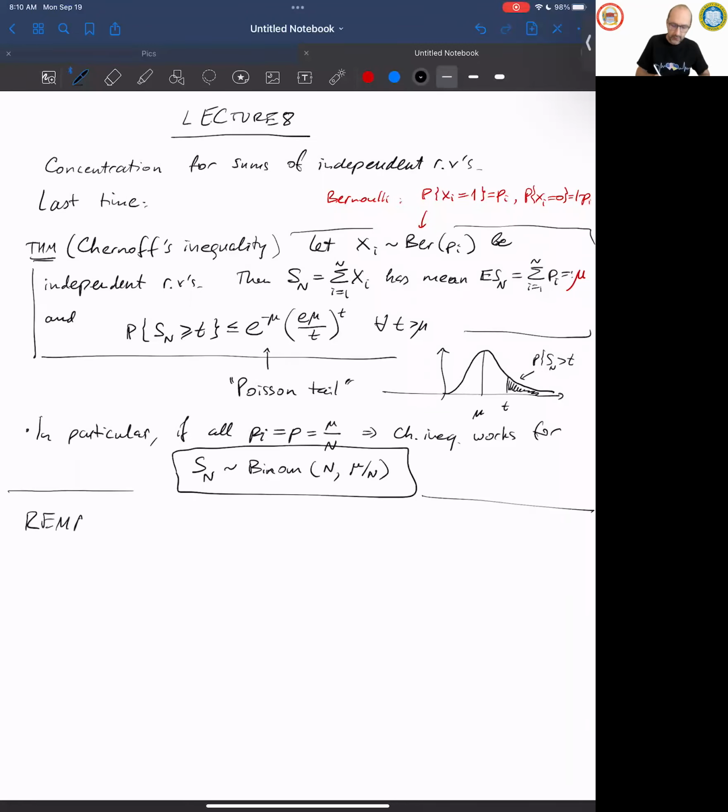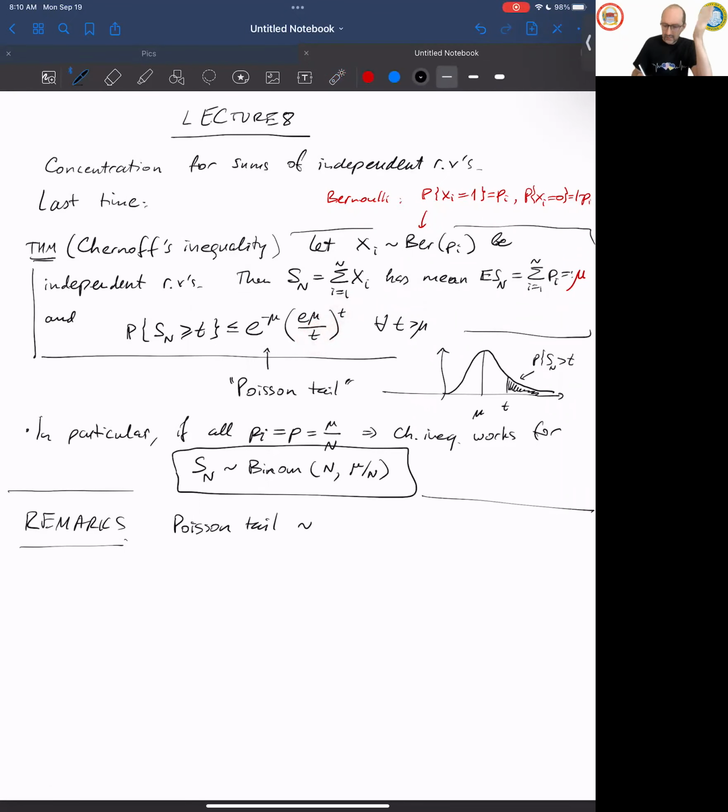Okay, a couple of remarks about Chernoff's inequality. This tail is funny. It's hard to remember, it's hard to understand what it really means, but really this Poisson tail, the main thing is that there's t here and t here.